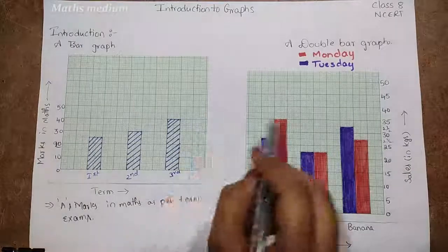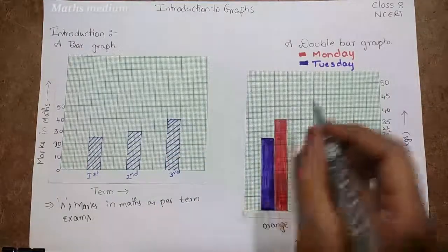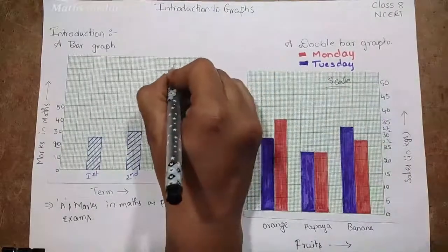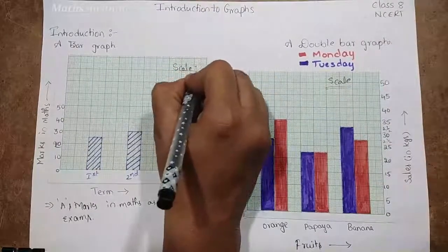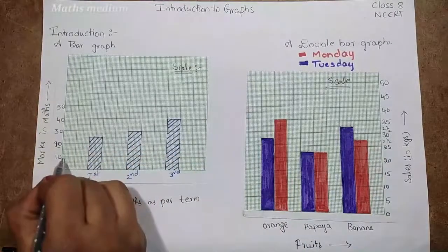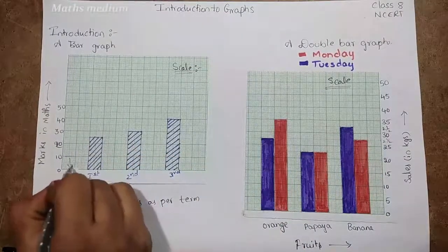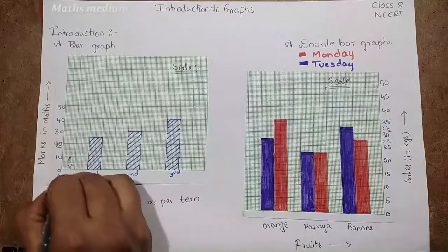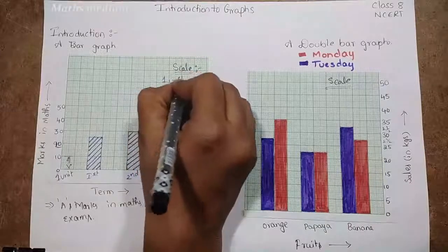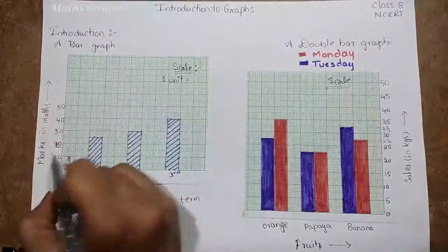Here one thing we missed, that is scale. Every bar graph and every double bar graph has to take a scale. Here this to this is called 1 unit. So here 1 unit is equal to how many marks? 10 marks.